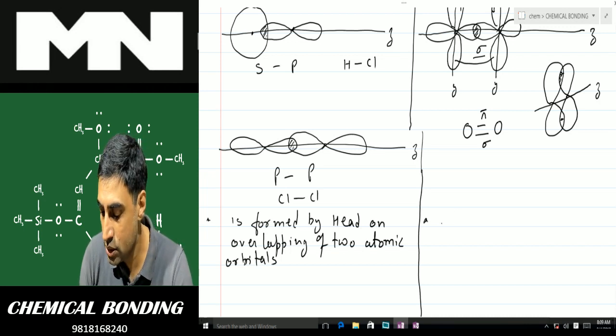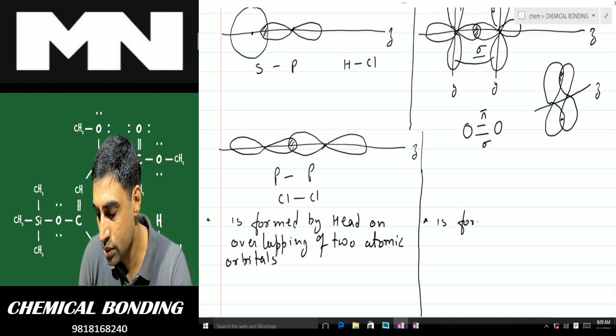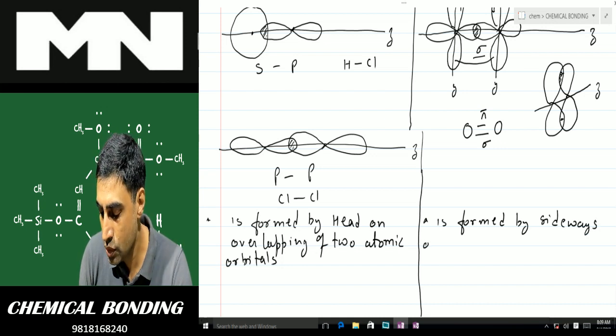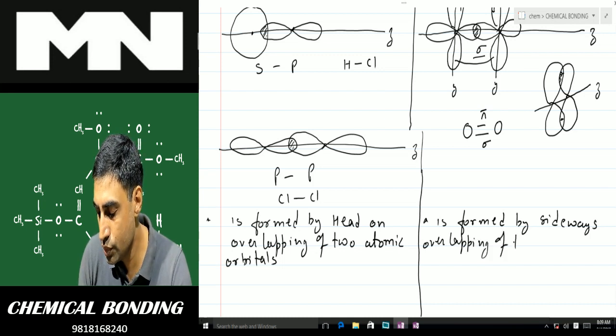Pi bond is formed by sideways overlapping of two atomic orbitals.